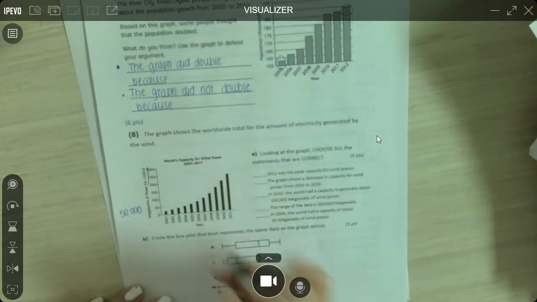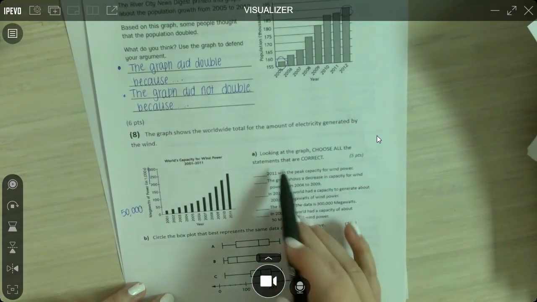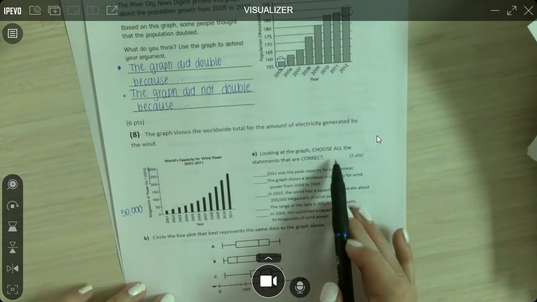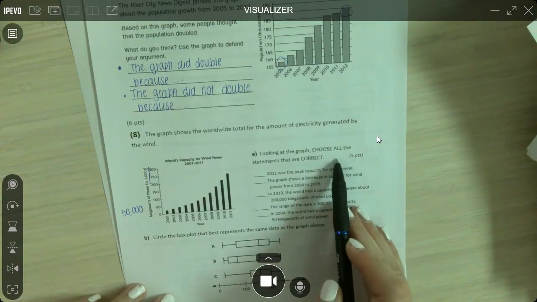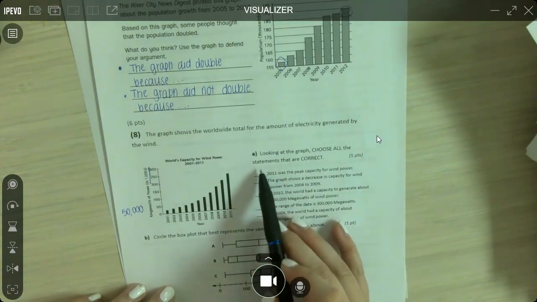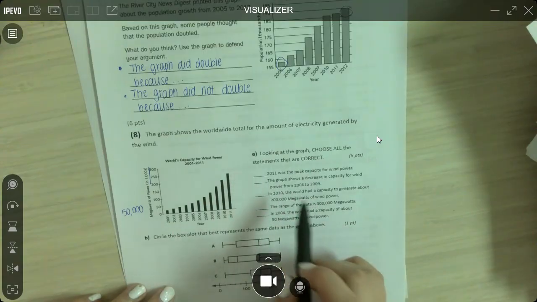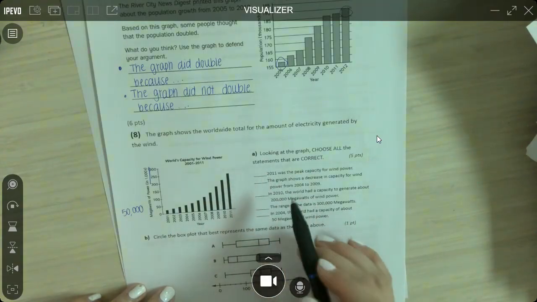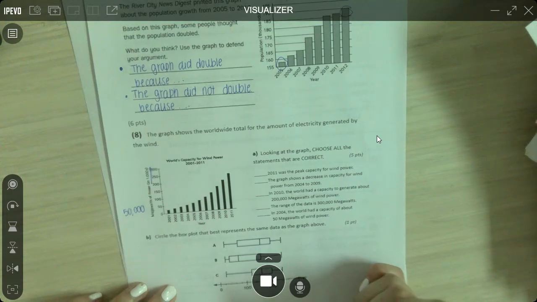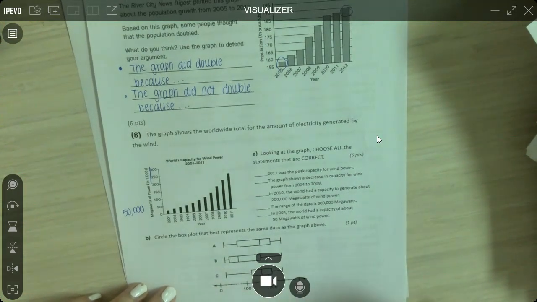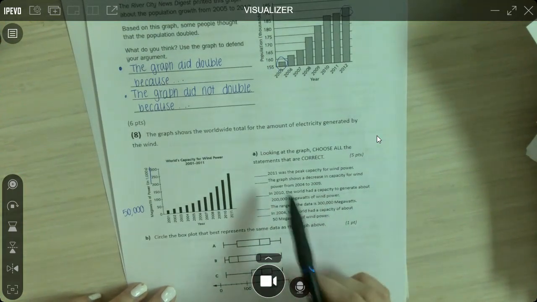You're going to look at these statements and choose all of them that are correct. You can put a check mark, an X, or a T for true. It does not matter what you do, you just have to mark all of the ones that are correct.